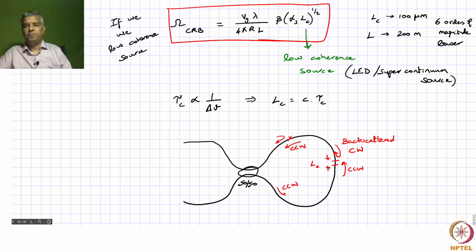Okay. Now, of course, there is this confusion: if you limit L_C, does that actually limit the phase change that you are getting because of rotation?